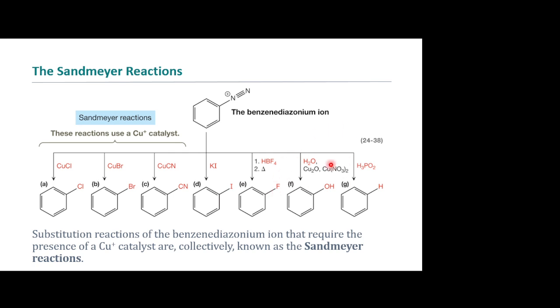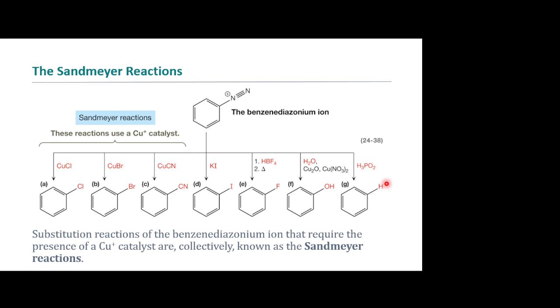This right here is getting an alcohol on there. That's how you can make a phenol if you want. And so this would be reacting with water and then copper oxide along with copper nitrate. This right here is actually just putting a hydrogen back on there. And so that would just be like phosphoric acid. It's really an acid is the main part of that. It's just the other acids can also cause other reactions.